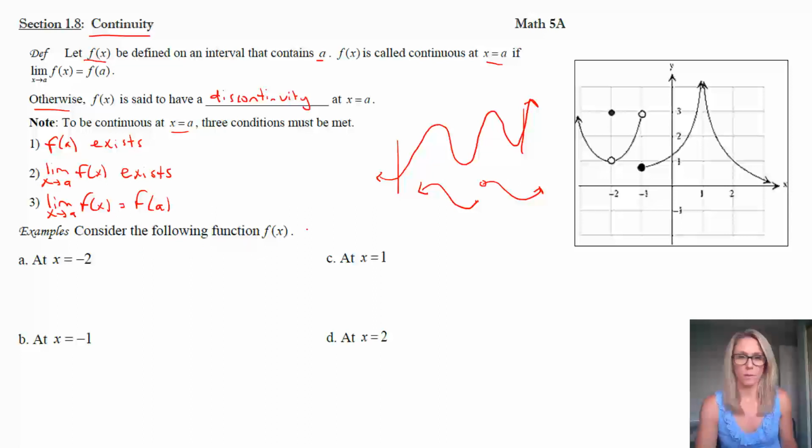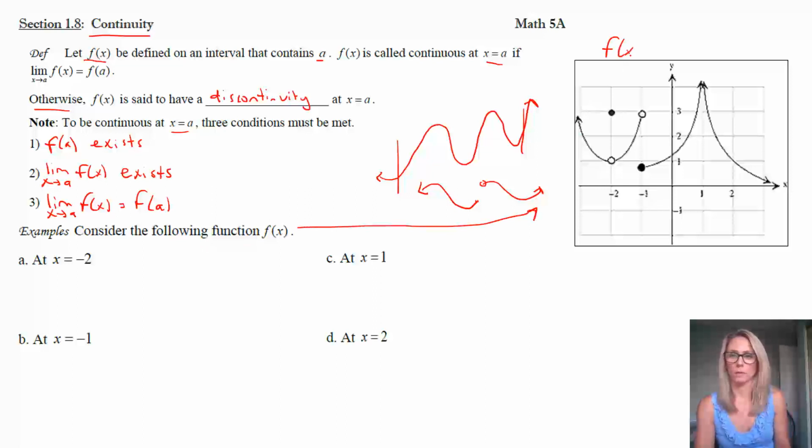So let's consider our function f. It's over here. This is f of x. And we're going to consider at these certain values, are we continuous or not? So take a look at x equals -2.